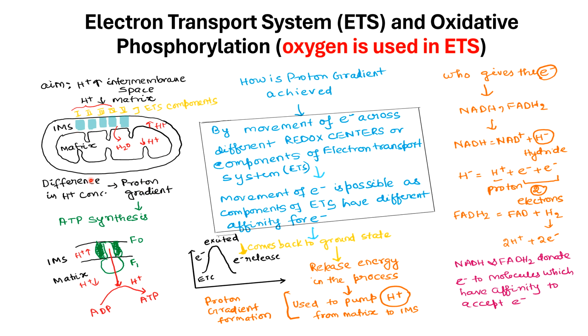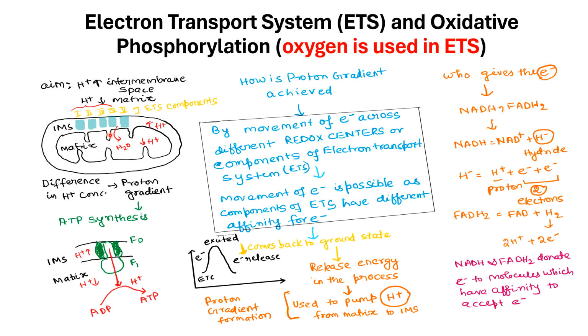Now, how is this ATP produced? The concept is, this is the mitochondria structure, this is the outer membrane, this is the inner membrane, and in the inner membrane we have the proteins, or the components of the electron transport system.